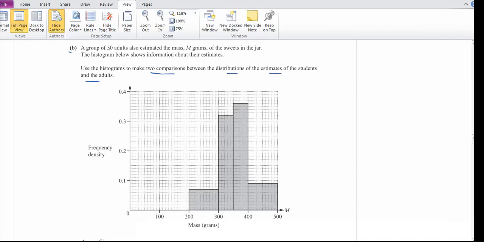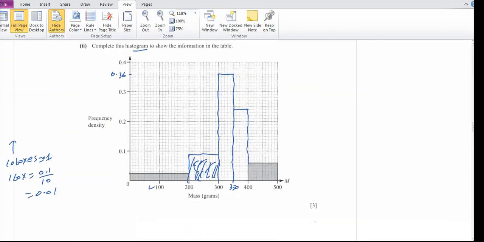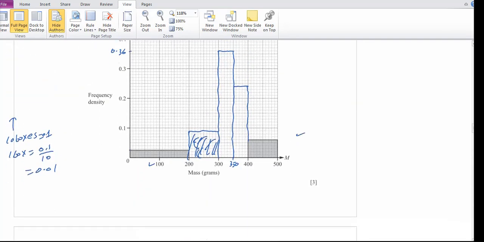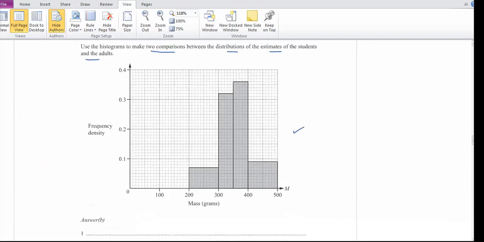Now, first of all, this is a group of 50 adults. The mass m grams of the sweets in the jar. This is their histogram, and that is the previous histogram. Okay, you have to make a comparison. For the comparison between the two histograms, read carefully about each one.